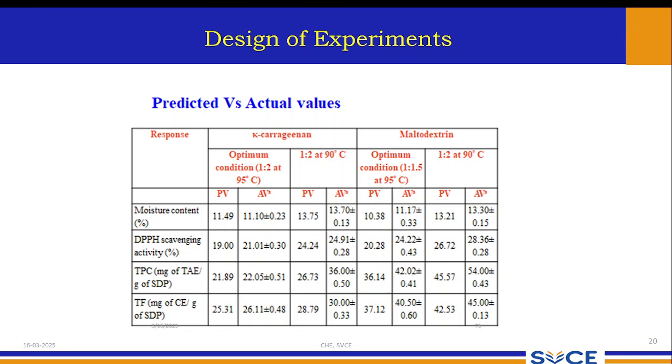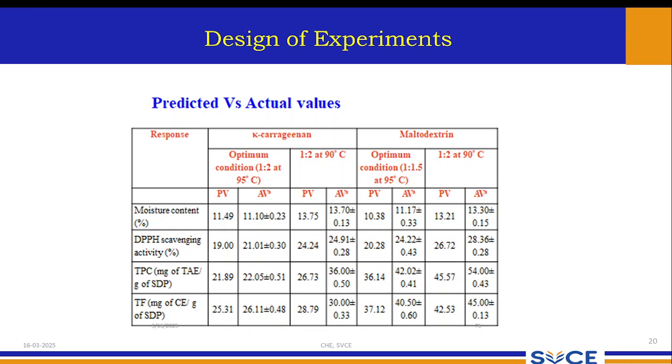When you see here at 1:2 at 90 degrees it is higher, but however we have just taken 1:2 at 95 degrees as the optimal point. When you see the comparison, why is the DPPH activity supposed to be high, but there is no significant effect? Compared to moisture content, DPPH activity is also equivalently important, but there is not much difference between the values 24 and 90.